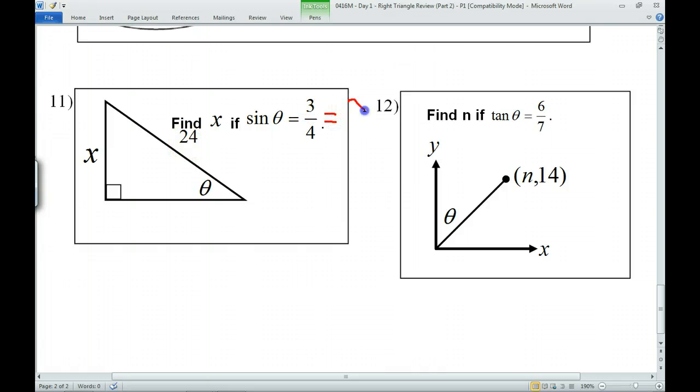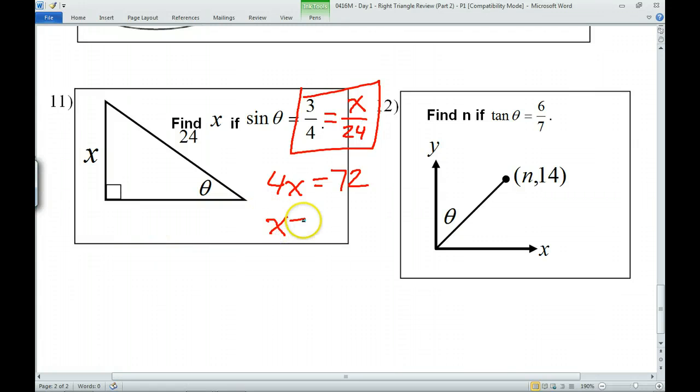So that would be x over 24. Once we have this equation set up, we just cross multiply. So 4x should equal 3 times 24, which is 72. Okay, so x equals 18.